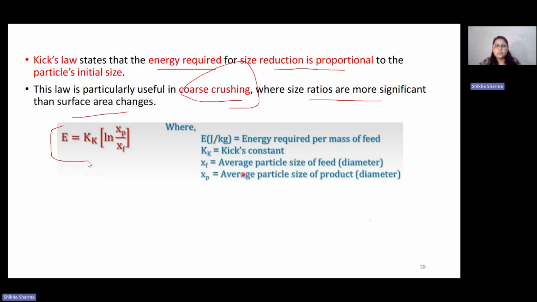So E equals Kk ln xp by xf. E is the energy required per mass of the feed, equal to Kick's constant multiplied by ln of xp by xf, where xp is the average particle diameter of the feed divided by the average particle diameter of the product, so the product divided by the feed.